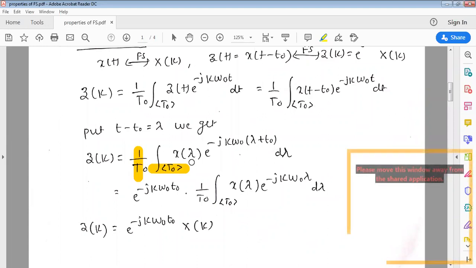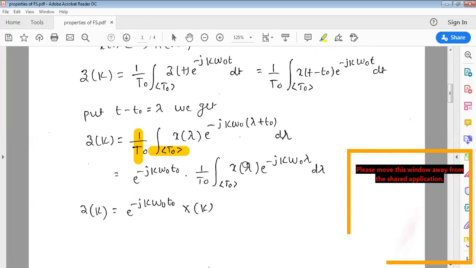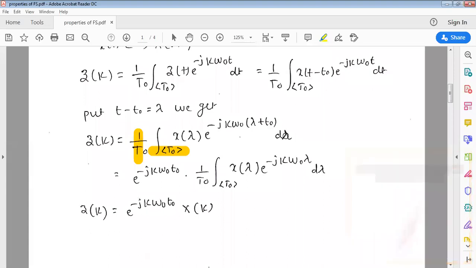Now I'll write x of lambda into e power minus jk omega naught t, where t is equal to lambda plus t naught. Here I have dt is equal to d lambda, because t naught is constant. Therefore, dt is equal to d lambda. Now what will I do? Integration with respect to d lambda. Therefore, minus e power minus jk omega naught t naught, which is a constant, has nothing to do with integration.